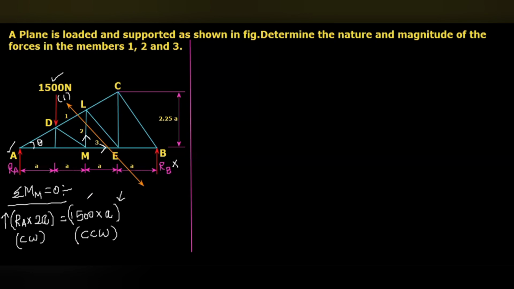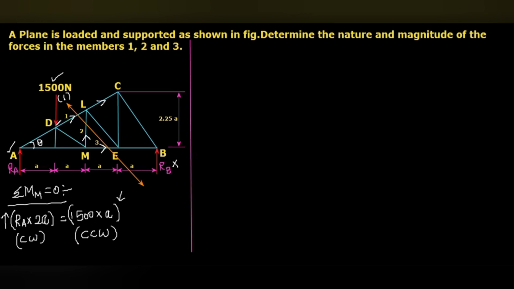So the moment made by the other force, F1, the force in the member DL, should be in counterclockwise, then only this will be balanced. For example, here this F1, if you consider it is acting in this direction, you can consider it is acting through point L also.